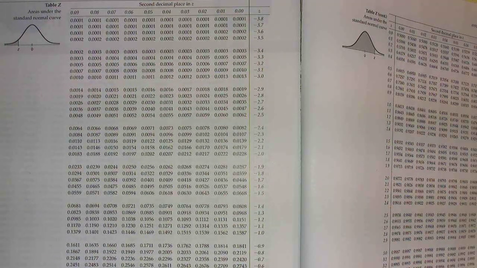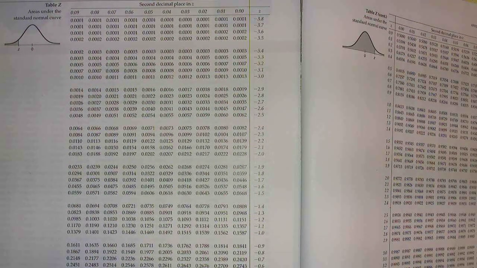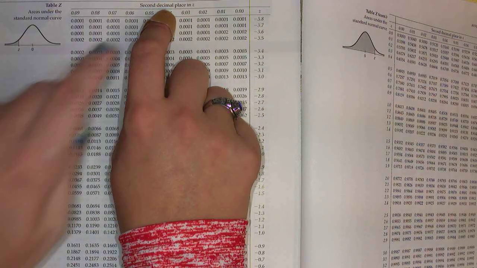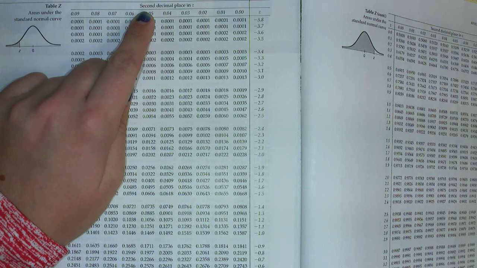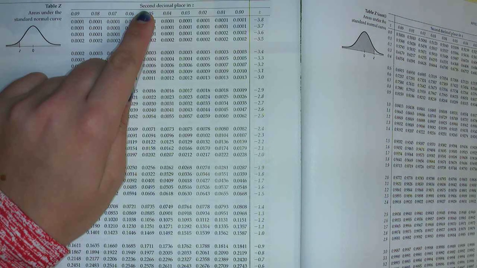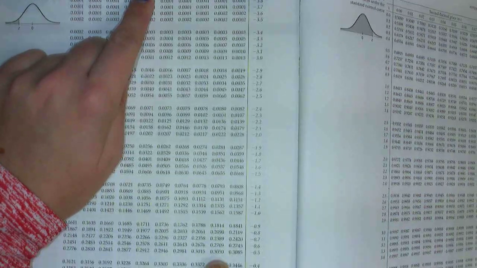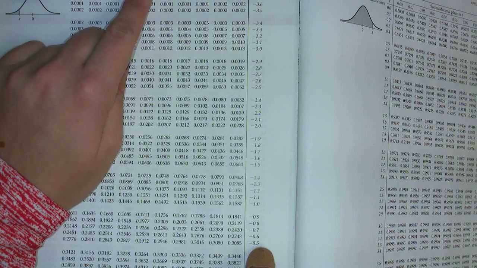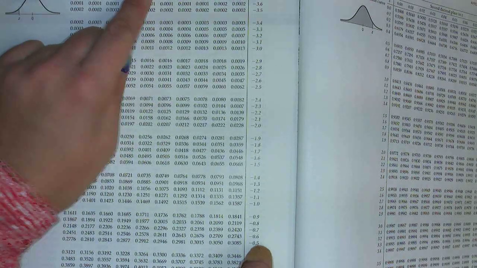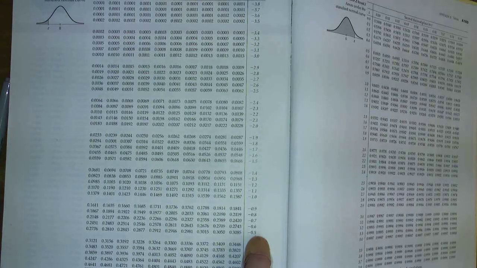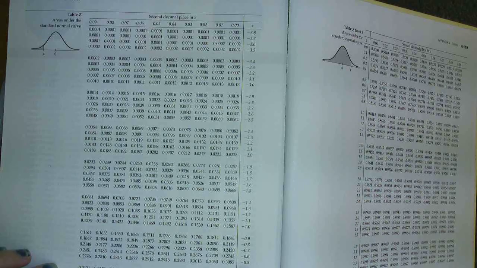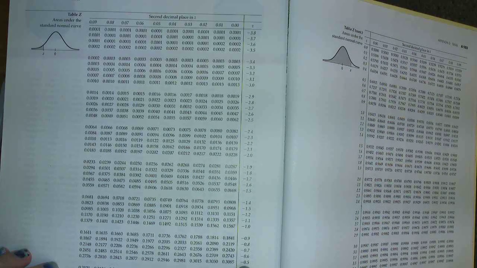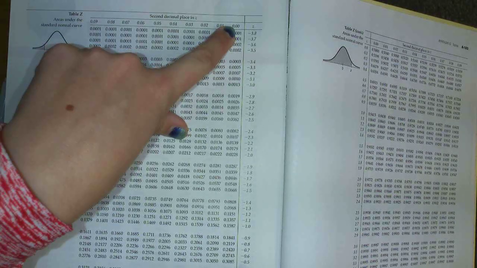Yes. So, at the top you have the second decimal place in z. Over here is the z value. In our case we had minus 0.5, so we come down to minus 0.5. We didn't have another decimal place after that, so we're looking at the column 0.00.